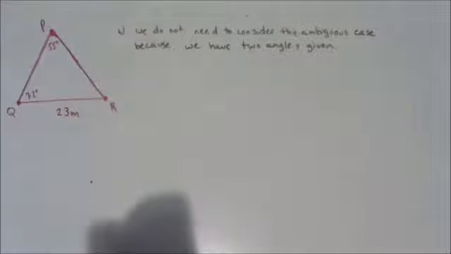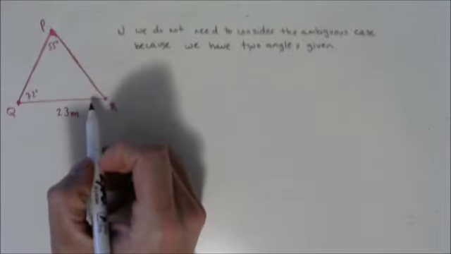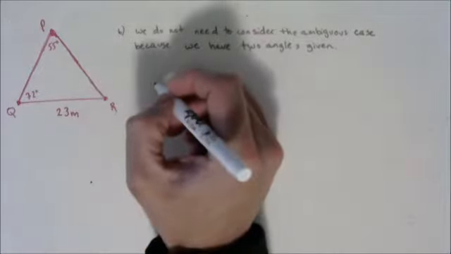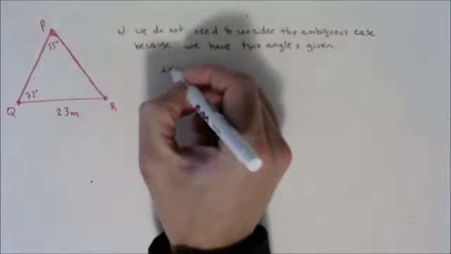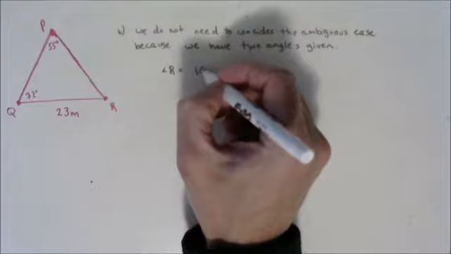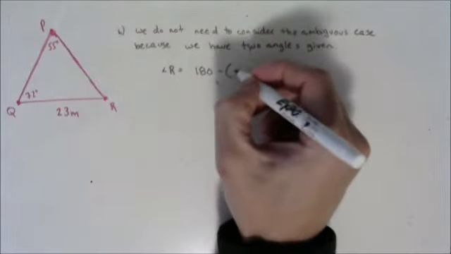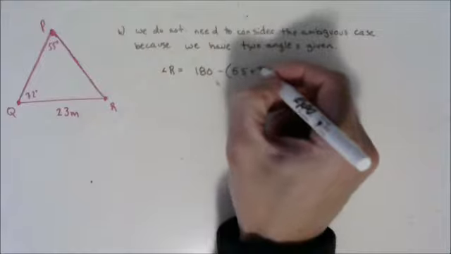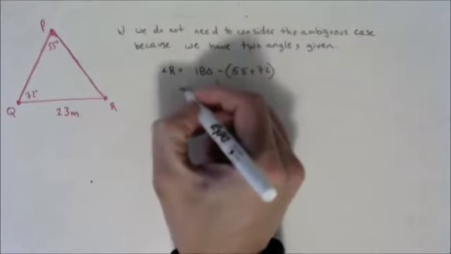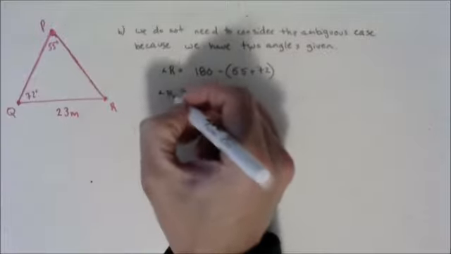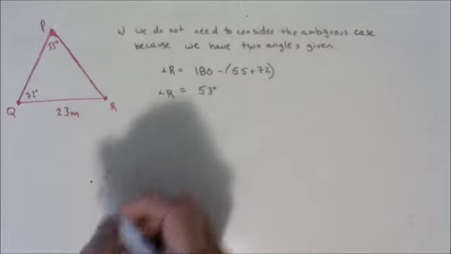If two angles are given, it's no mystery what the third angle is going to be. We can determine angle R really, really easily. Angle R is equal to 180 minus 55 plus 72. So angle R is 53 degrees. Not ambiguous at all.